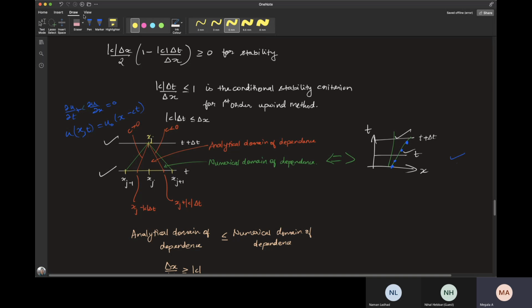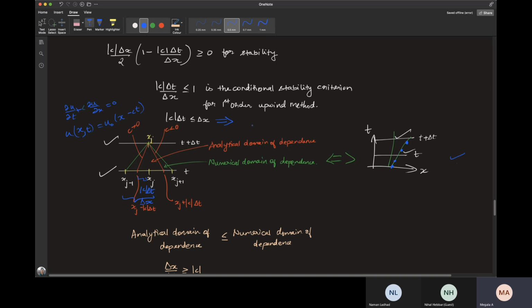Whereas this region is mod c delta t, whereas this whole region is delta x. So mod c delta t less than or equal to delta x. This condition ensures that your analytical domain of dependence is less than or equal to the numerical domain of dependence.